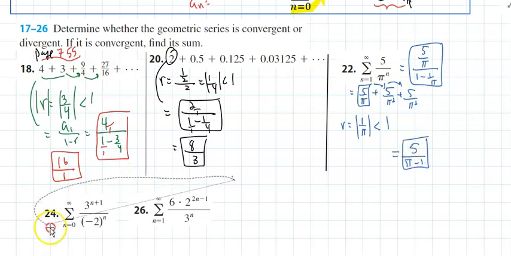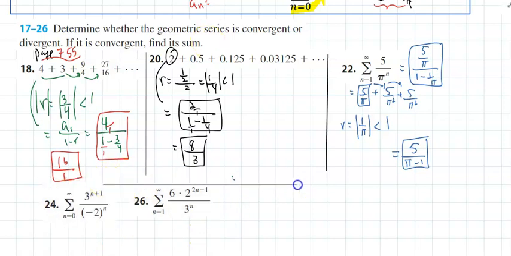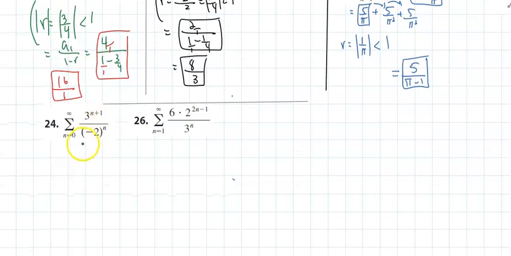And if I look at the next two problems, number 24, I need to combine this a bit. Now, if r is bigger than 1 or equal to 1, this series will diverge, meaning the sum will be infinite.